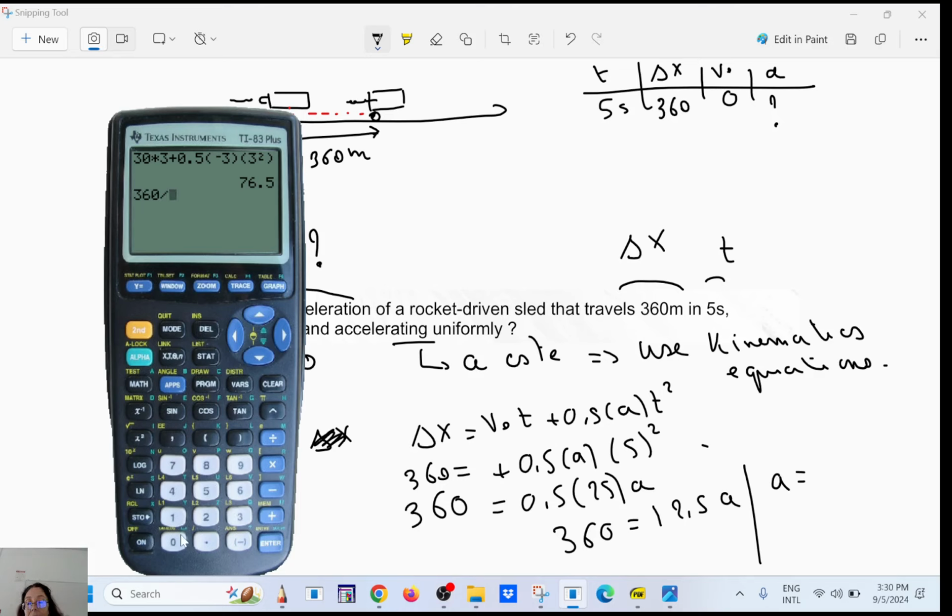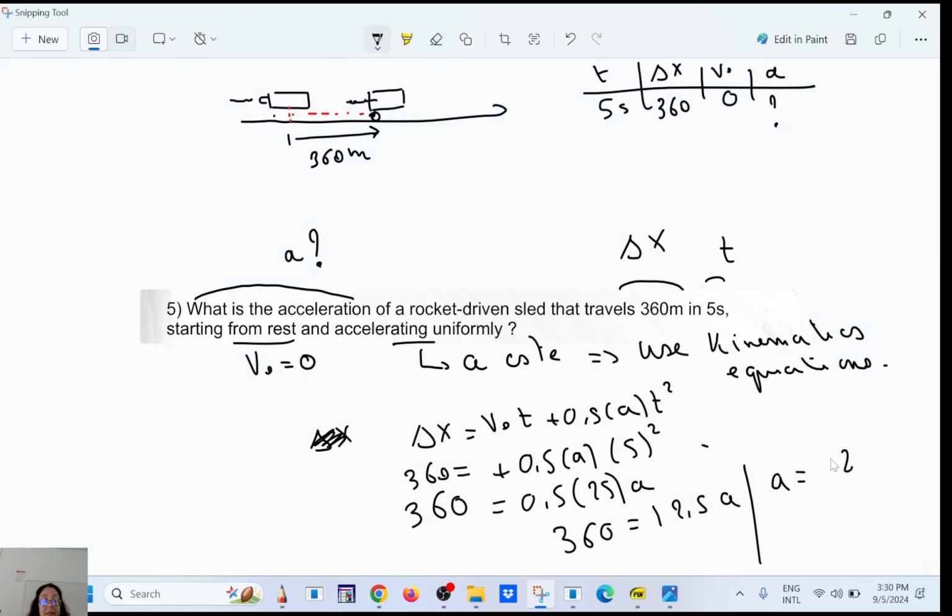Okay, you're right. 28.8 meters per second squared.